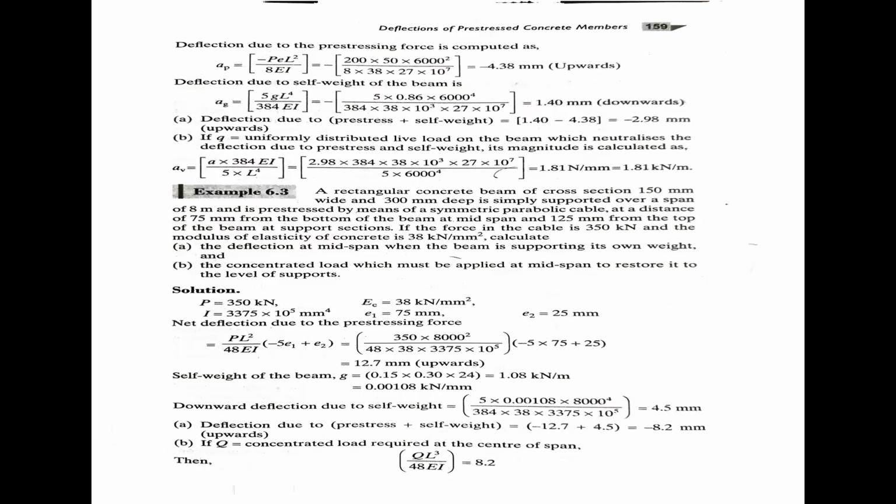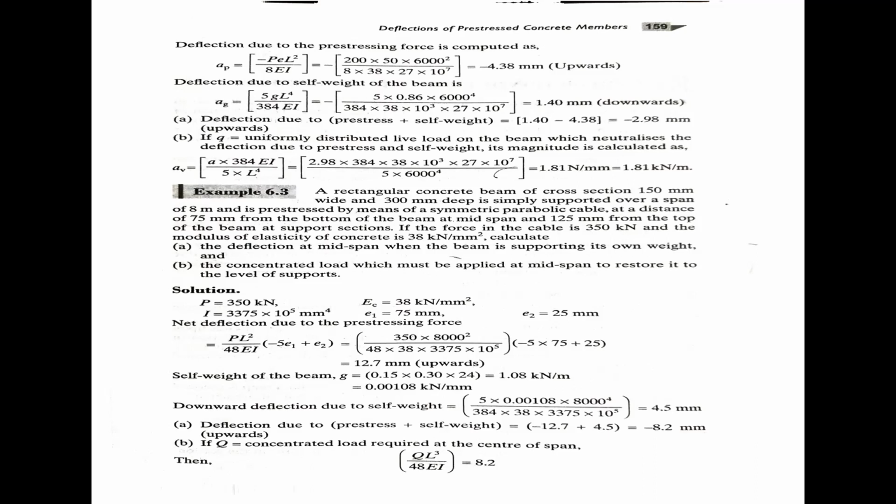Now I have to calculate the deflection formula. Deflection due to prestressing force is computed as Δp equals minus PeL square by 8EI, using the formula for upward deflection. For deflection due to self weight, I write the formula 5gL to the power 4 by 384 EI. Here g means the dead load.